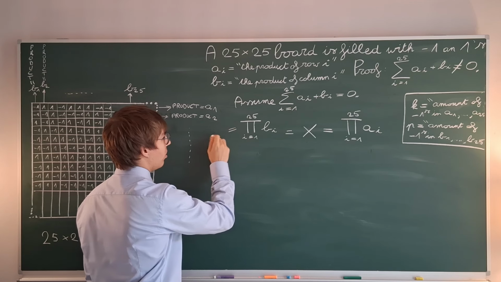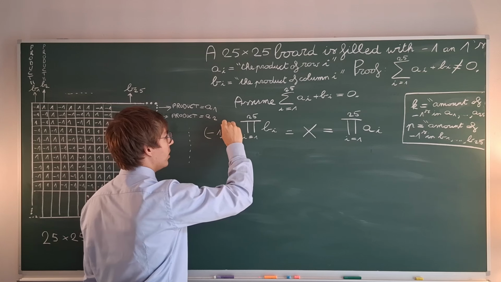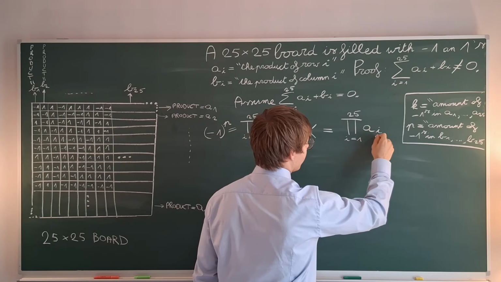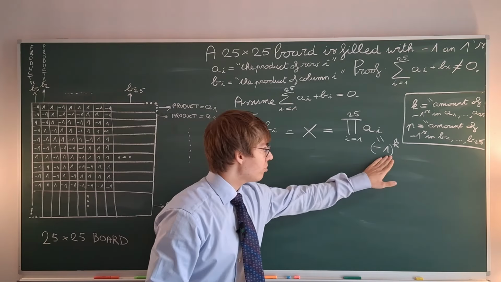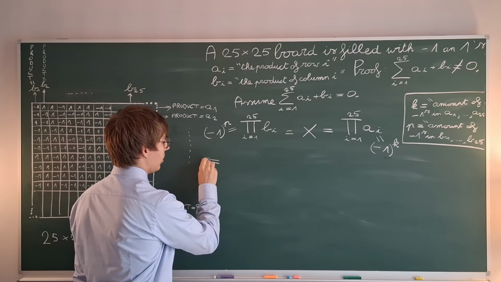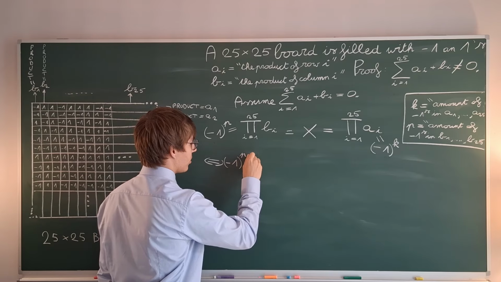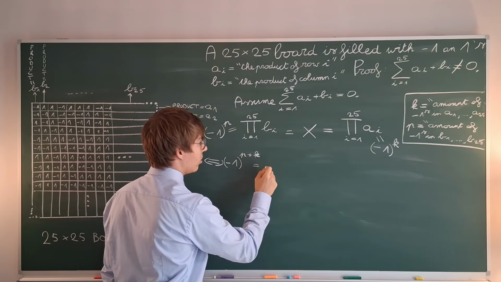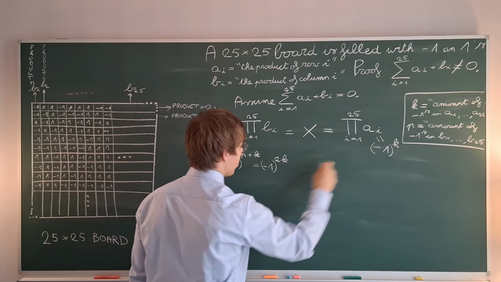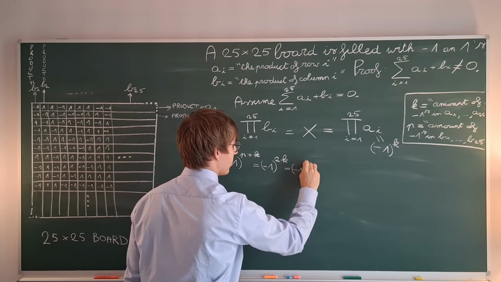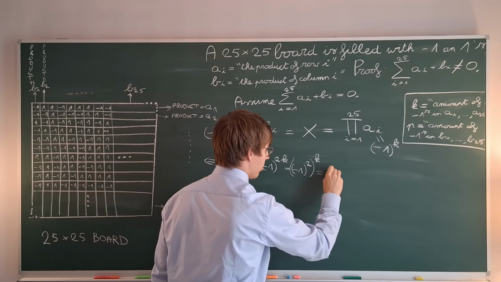So then we can do the following. Then this is equal to minus 1 to the P. And this one is equal to minus 1 to the K. And now let's multiply both these signs by minus 1 to the K. Then we get that minus 1 to the P plus K is equal to minus 1 to the 2K, which is minus 1 squared to the K, which is 1 to the K, which is 1.